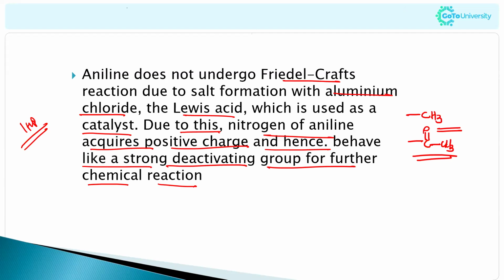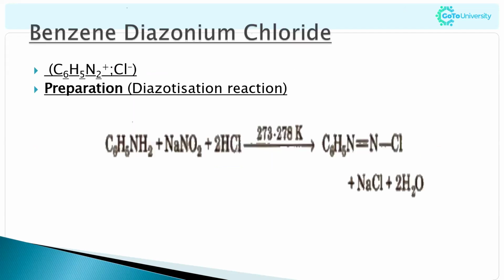Okay, now next one, benzene diazonium chloride. When aniline reacts with sodium nitrite and HCl, that is called diazotization. Okay, when this aniline undergoes diazotization, it will produce benzene diazonium chloride. That is the reaction. So what is the use of benzene diazonium chloride?